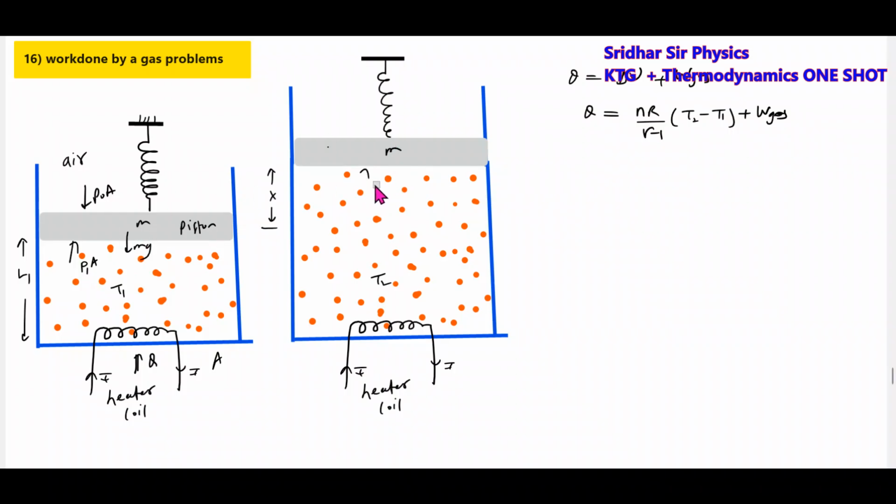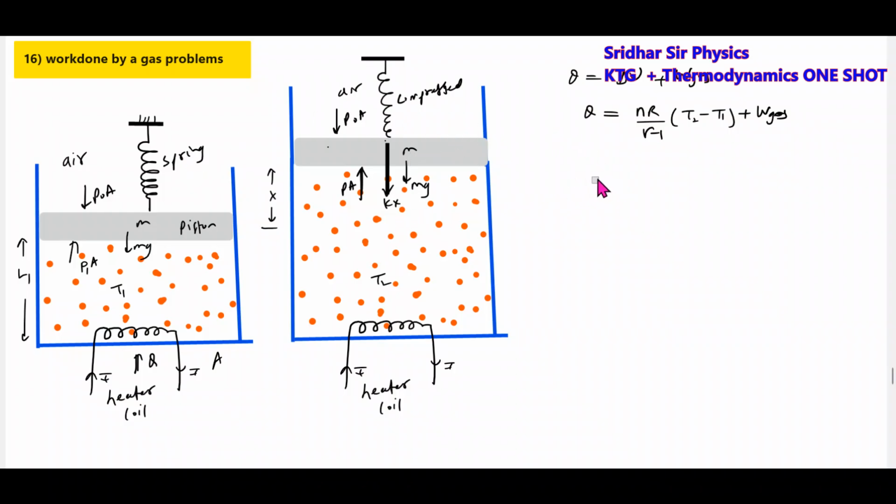Now it has to balance the weight of the piston, the atmosphere will exert force, and also the spring got compressed, so there is the spring force.